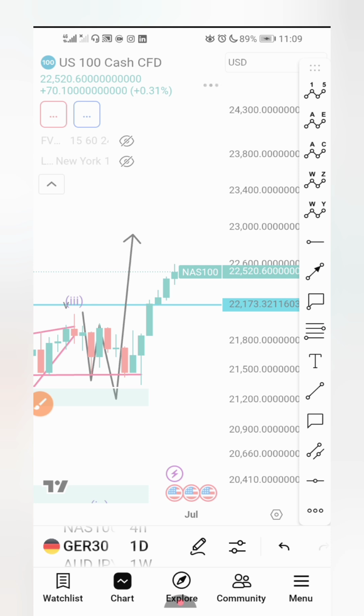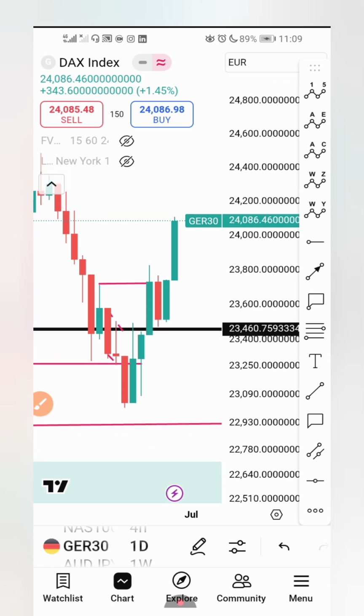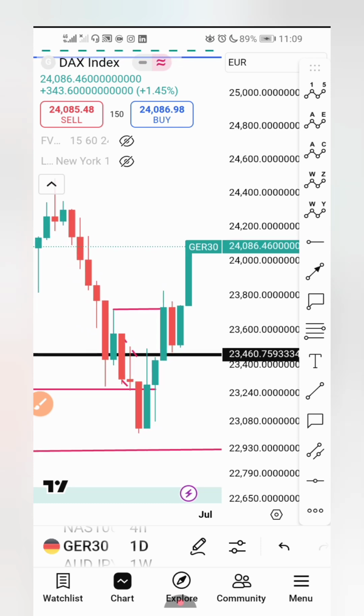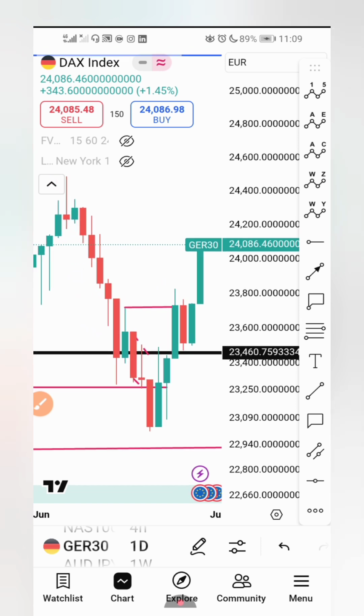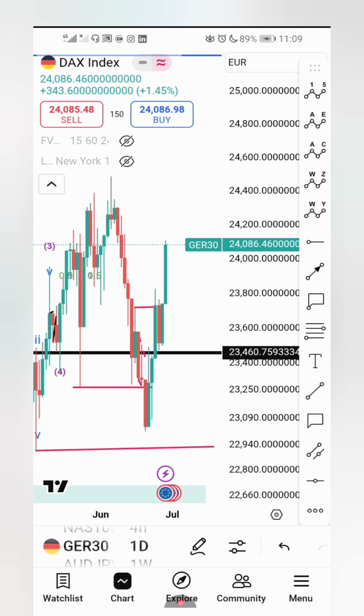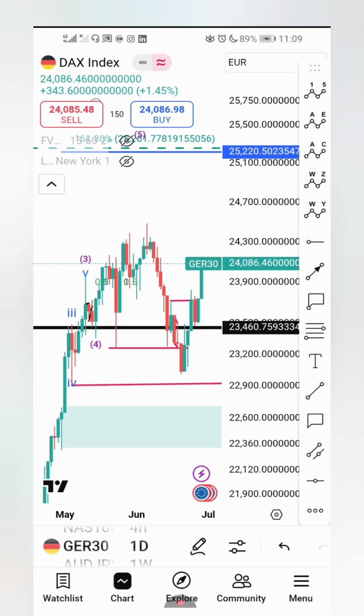Wow. This is German Dax. German Dax did not play out as I wanted, although it's playing out exactly what I wanted, because I expected it to drop to that liquidity level, and it did that. You can see what is happening there clearly, and where it's going.